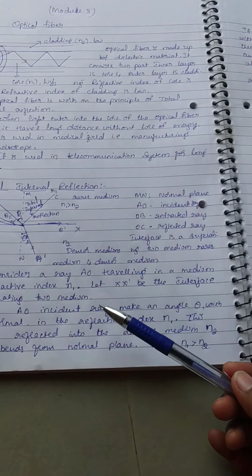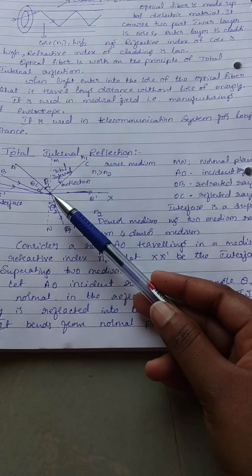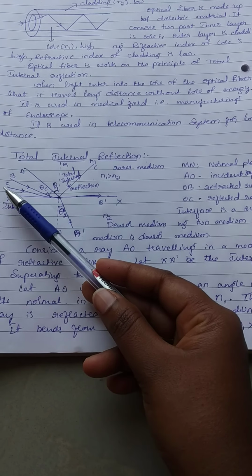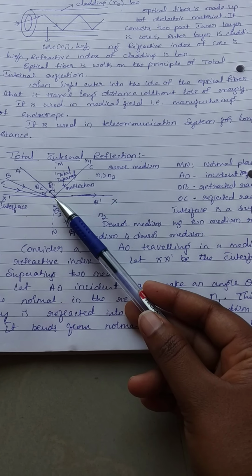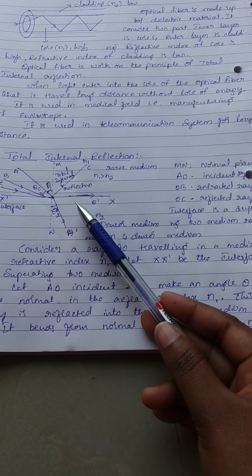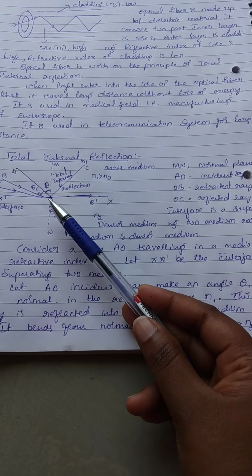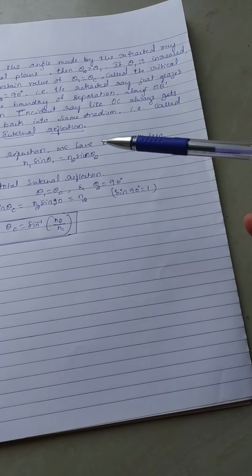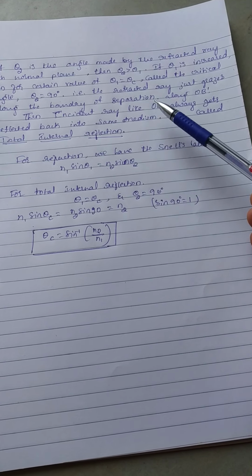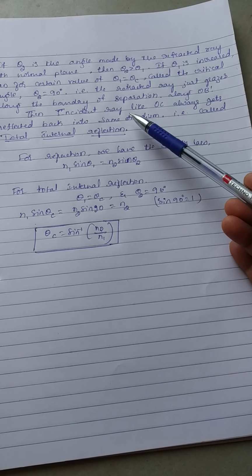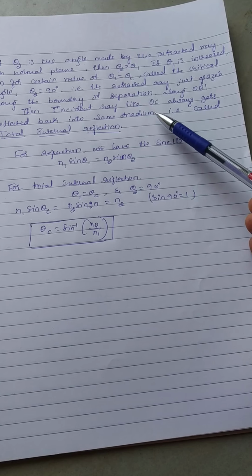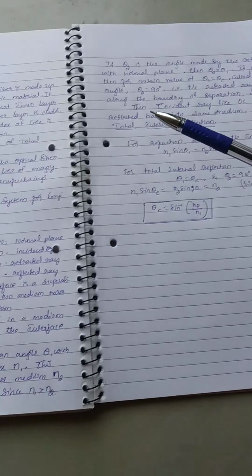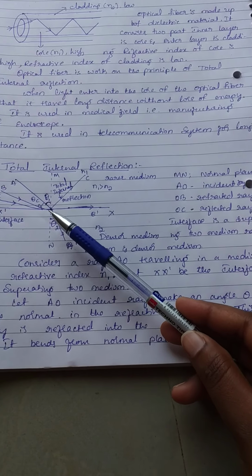So here theta 2 is 90 degrees. The refracted ray travels along the interface, that is OB dash. The incident ray like OC is always reflected.